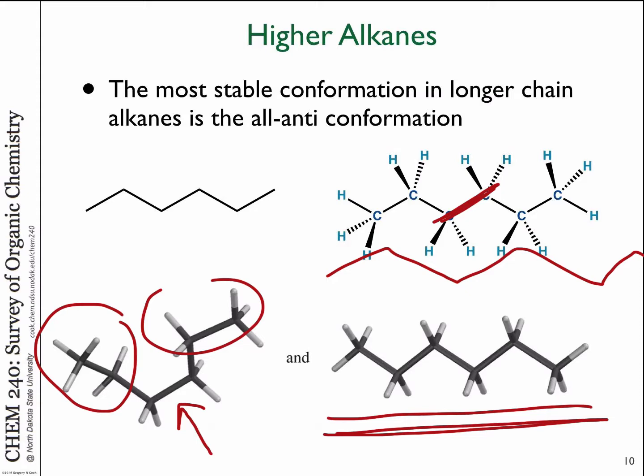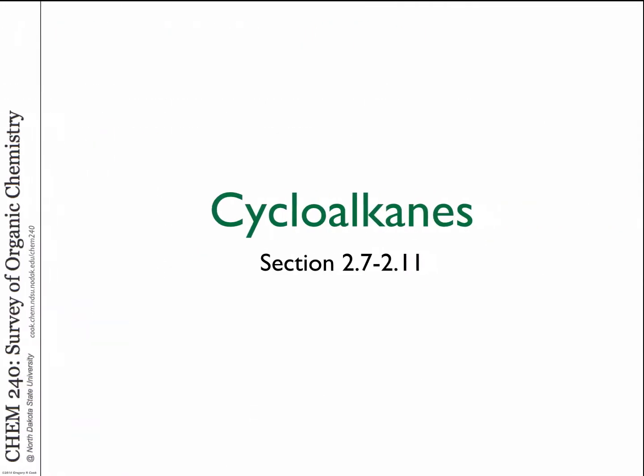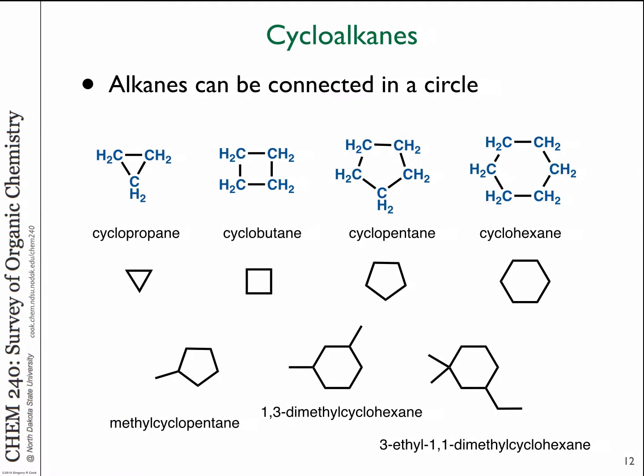Okay, that's true for these linear alkanes. If you think about molecules now that are no longer linear, like in cyclic alkanes, because you can imagine having a chain of carbons and then joining the ends of that chain, you can make ring compounds, what we call cycloalkanes. Okay, here's some examples of cycloalkanes.